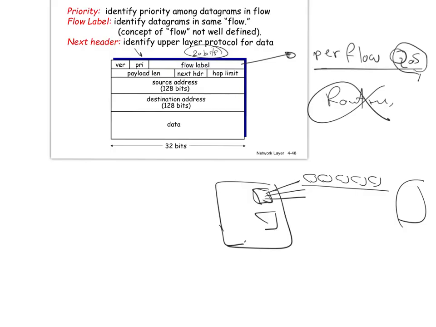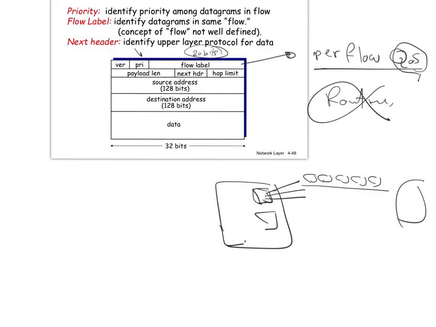Okay? So it's not only a traffic class, because a traffic class means what? All the traffic on the internet can be divided into 4 classes. Regardless of where it's coming from, regardless of where it's going to. So we divide the entire traffic of the internet into 4 classes. So this is a very coarse way of classifying the traffic, right?